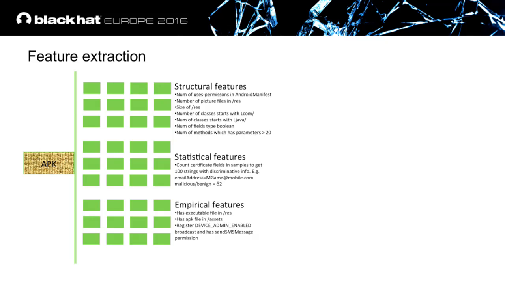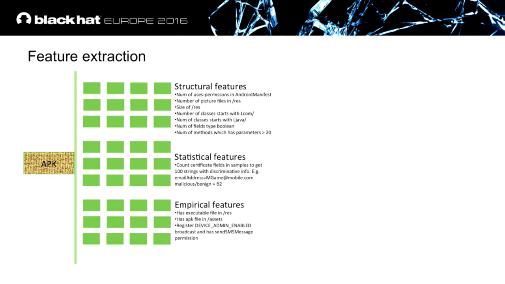Besides structural features, we also have knowledge-based features, such as the statistical features and the empirical features. An example of a statistical feature is the discriminative string in the certificate file.